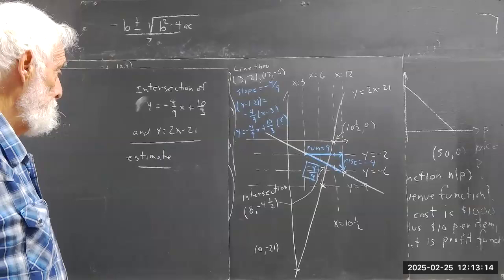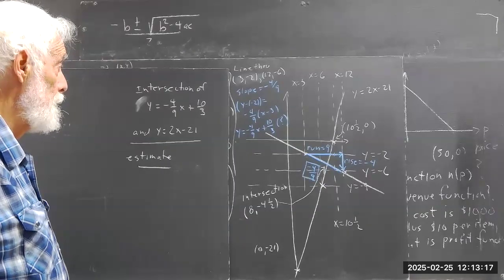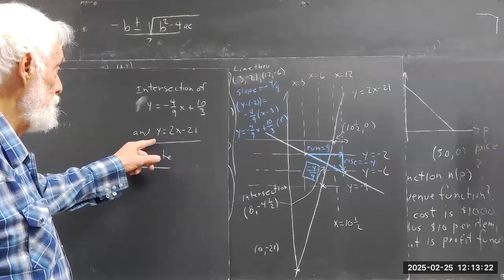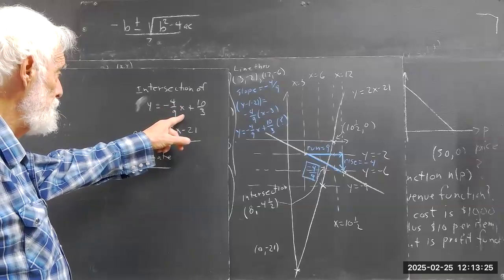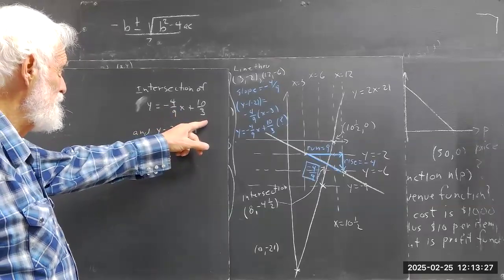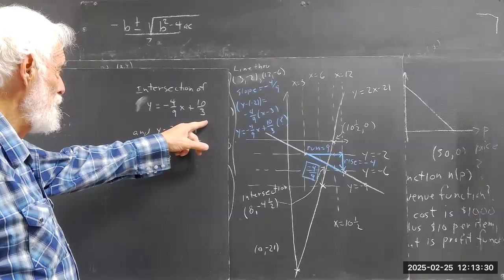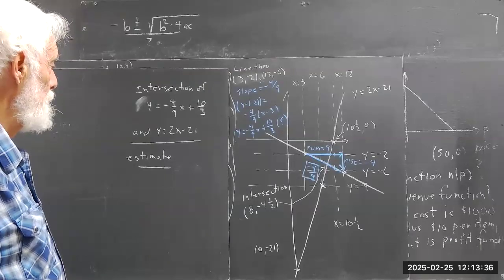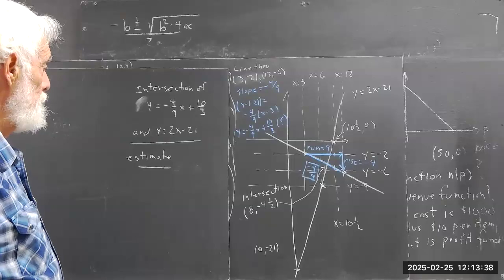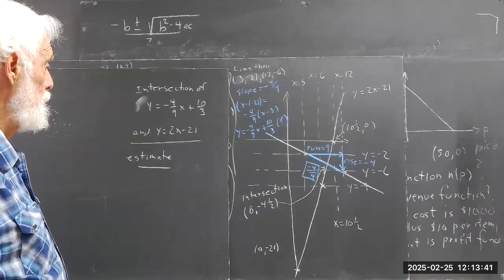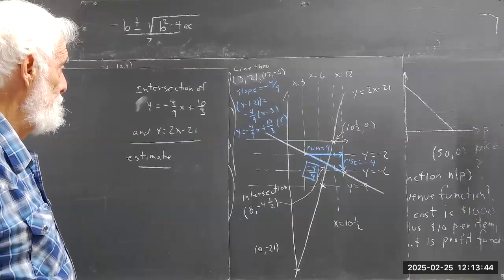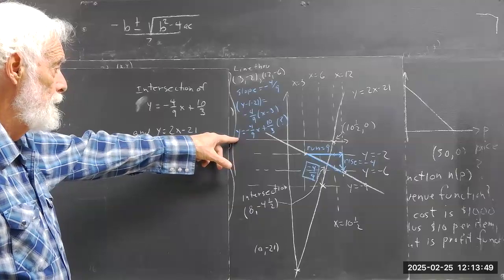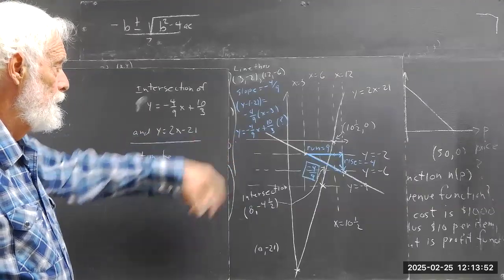But let me make sure I'm looking at my graph correctly. 8, -4.5. If this is 8, then y is -5. -4 doesn't seem to work. Maybe I graphed my thing wrong. Right, 3, -2, 12, -6. I think this checks.